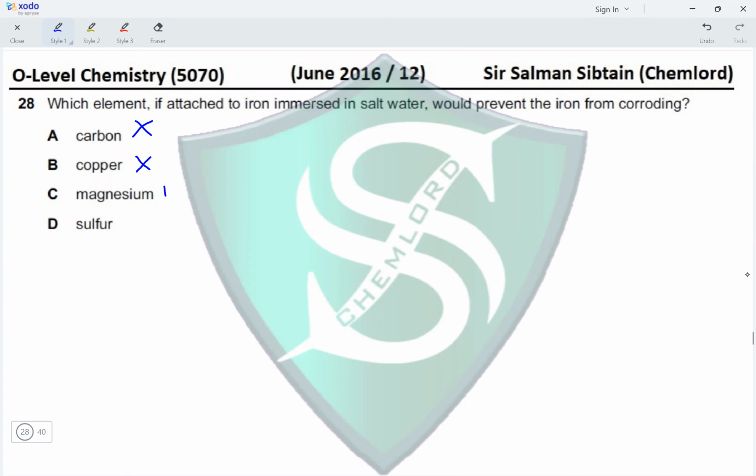Magnesium is more reactive than iron. Sulfur is not a metal. So non-metals are not used for sacrificial protection, and the metal used for sacrificial protection is the one that is more reactive than the metal being protected. So magnesium being more reactive than iron makes option C the correct option for this question.